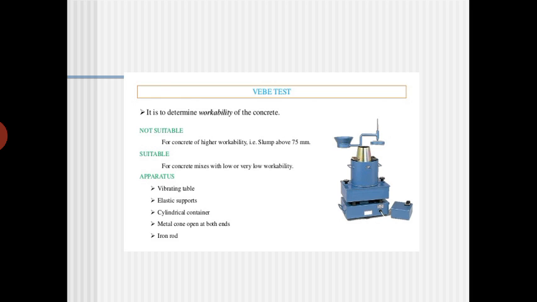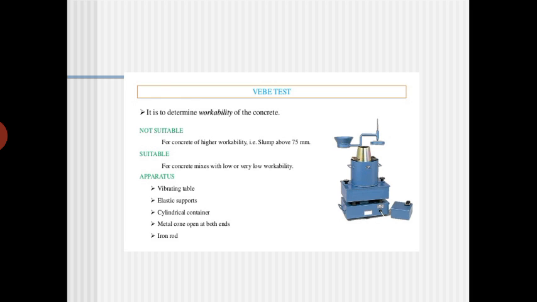Then we will move the disc onto the cone and touch the top surface of the concrete with the help of the disc, and that disc consists of graduations. That also we will record.